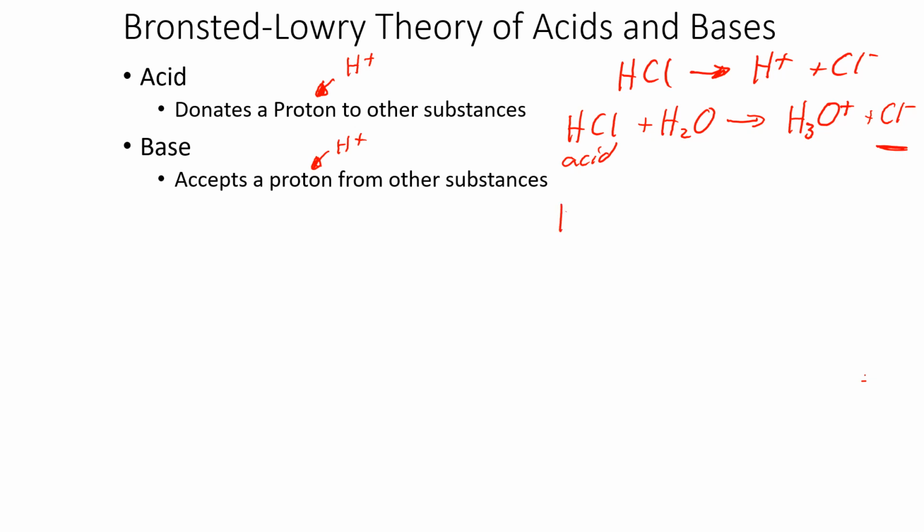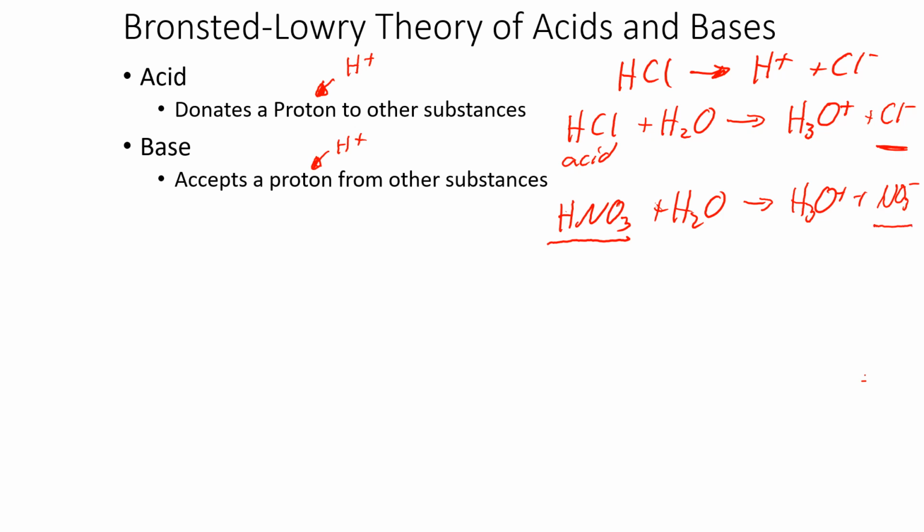And same thing with HNO3, say we had it with water again. As you can see, it starts off as HNO3, it donates, and that means it loses a hydrogen and becomes NO3 minus.